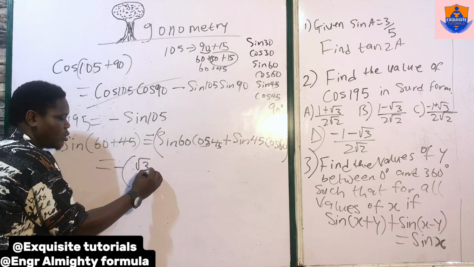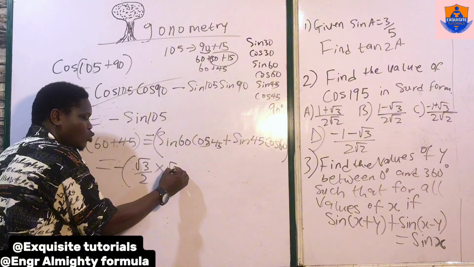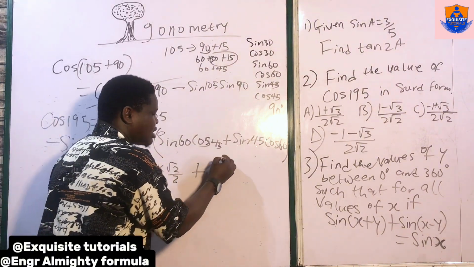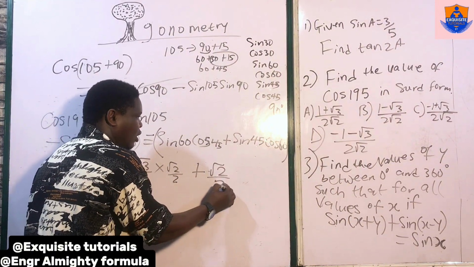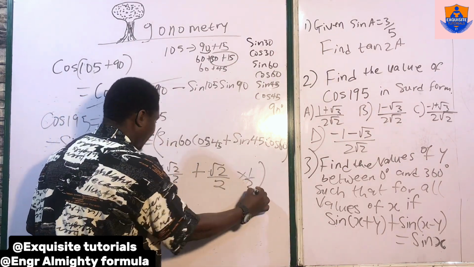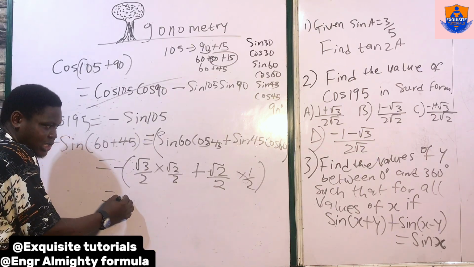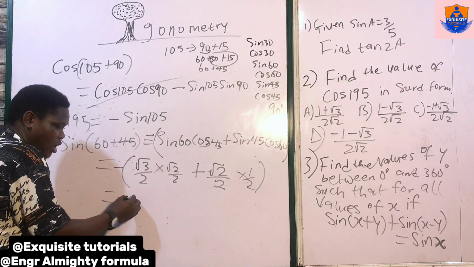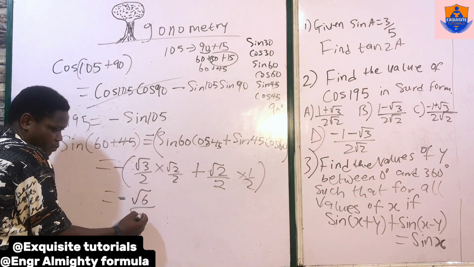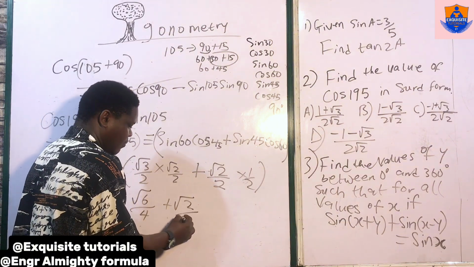So we have root 3 over 2 times cos 45, which is root 2 over 2, plus sine 45, which is also root 2 over 2, times cos 60, which is 1 over 2. So when I do this, I will have this times this. That will be root 6. 2 times 2, we have root 6 over 4 plus root 2 over 4.